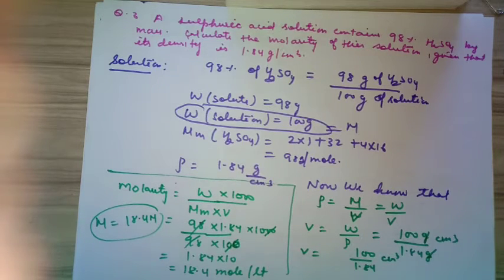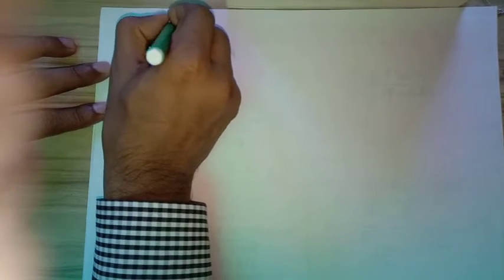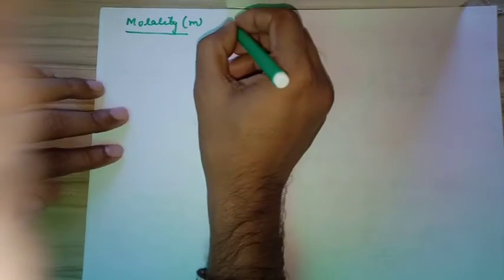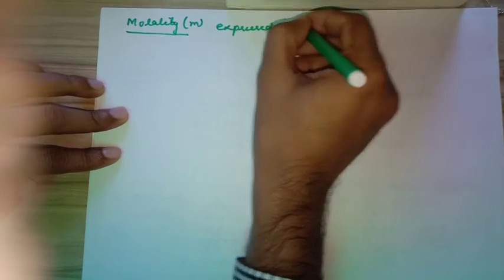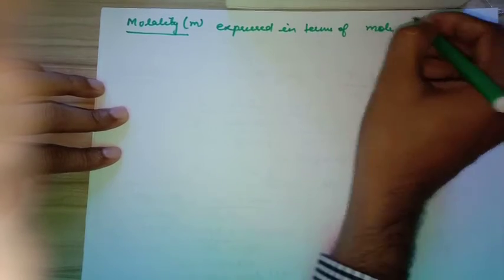I will be dealing with our next part, molality. Now our next term is molality, and its notation will be small m, and it is expressed in terms of mole per kg.